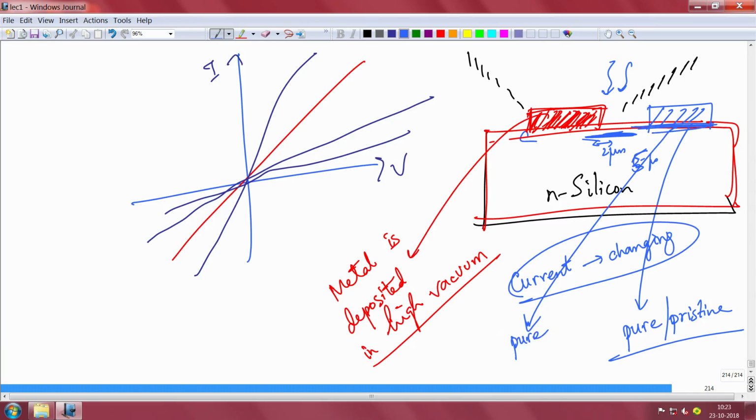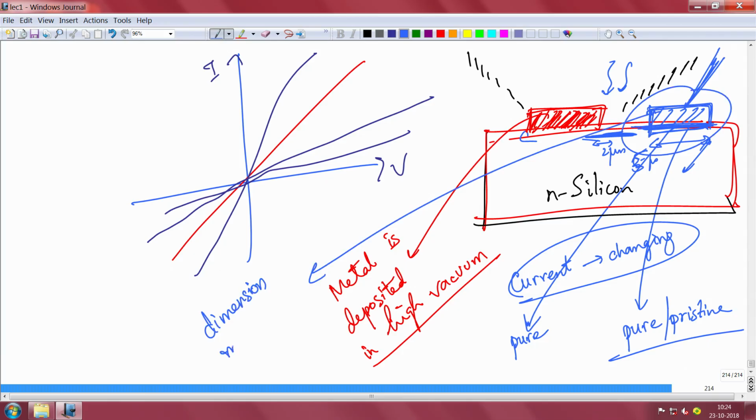There is no junk and impurity, so there is no reason for it to change. And when you put a probe tip down here, the dimension of this width and the length in the lateral direction is very fixed. The dimension of the metal pad is fixed, because you have deposited a fixed metal. So your IVs will not change, your IV will always be consistent, okay, it will always be consistent, right.